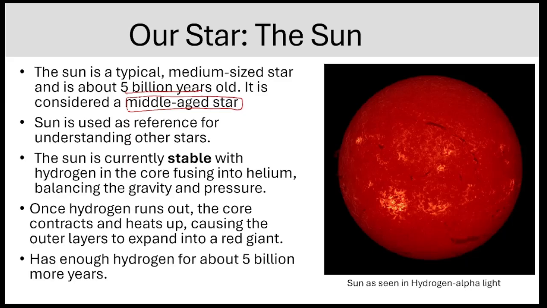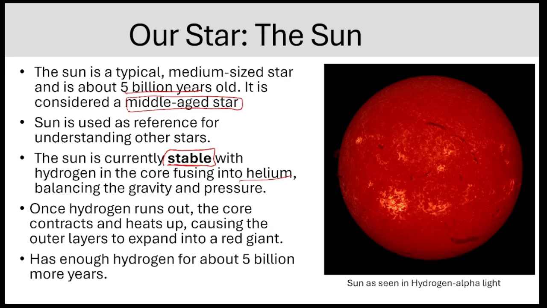The sun is in a stable condition because hydrogen in its core is fusing into helium, creating an outward pressure that balances the inward pull of gravity. And we can say the sun is a stable star.